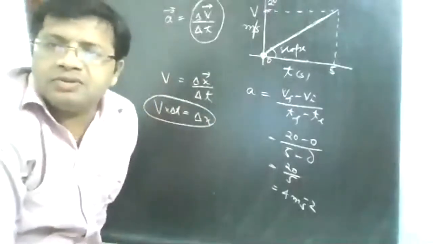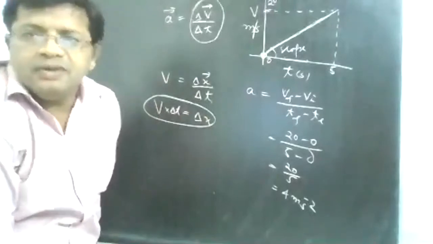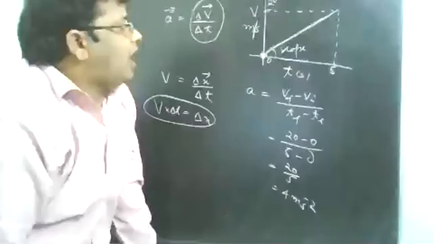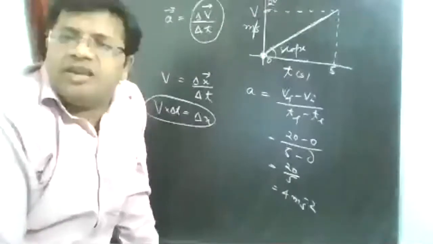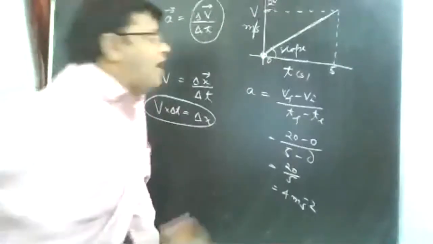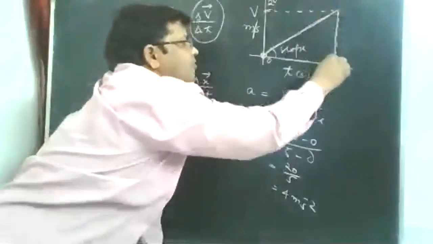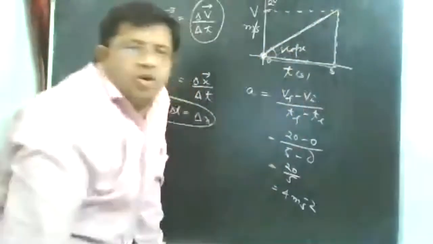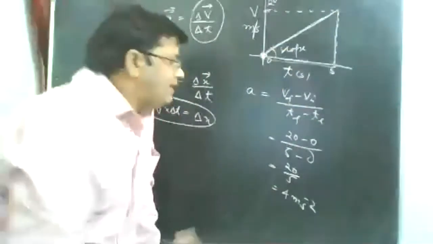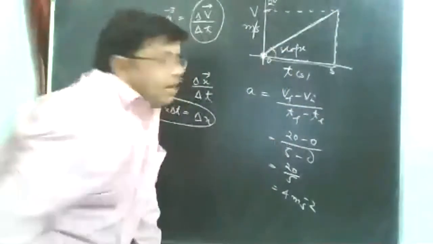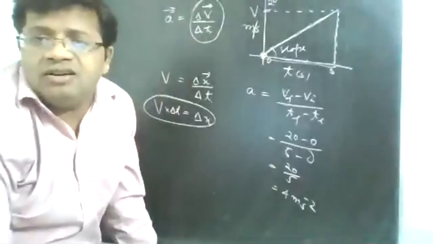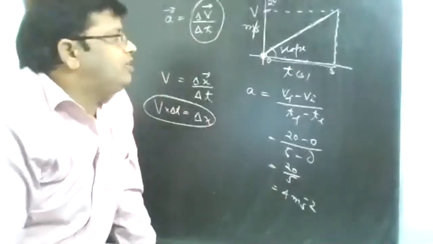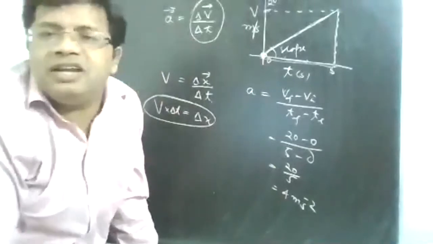See, if the graph of velocity on time is given, if you find the slope, change in velocity upon change in time, that is tan theta, the slope, which represents acceleration. But if you find the area below the velocity time graph, then it represents what?